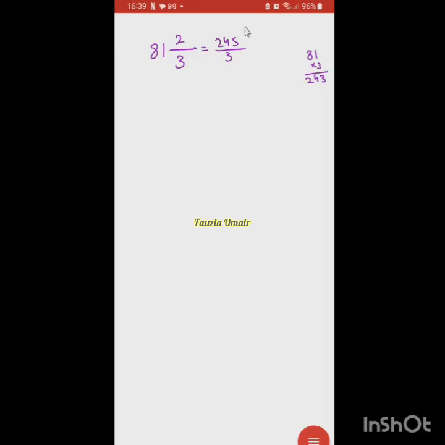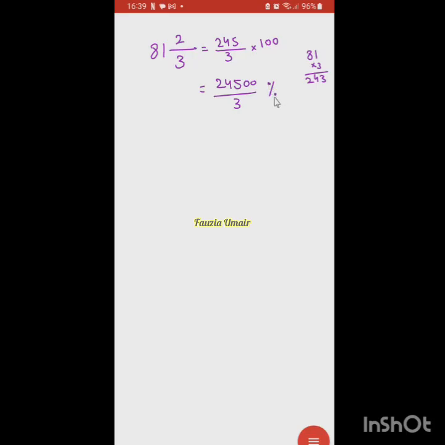This is the first step: converting the mixed number into an improper fraction. Now, because I cannot change it into a percentage with any other method, I will multiply it with 100. This is the last option I can do. So this will be 24,500 divided by 3, and now this is in percentage.